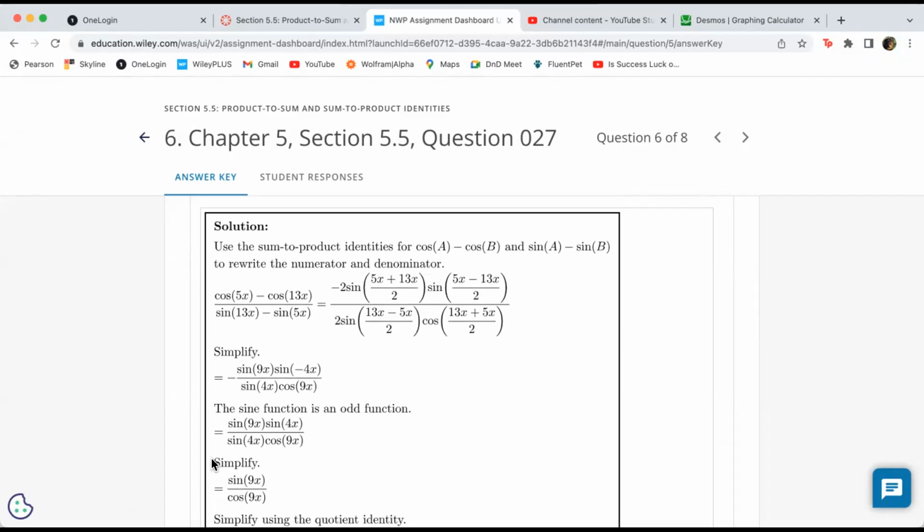What we have to do is use the sum to product identity because what we have is a sum of cosines and sines, and we can turn that into a product of sines and cosines.